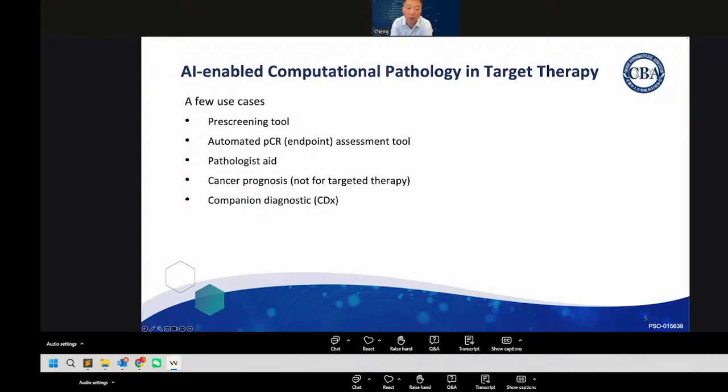And it can also be used for cancer prognosis. And even though it is not for targeted therapy per se, I thought it's worthwhile to mention here as a use case. And finally, computational pathology could also be used in companion diagnostic devices to direct patient treatment by assessing their biomarker status.